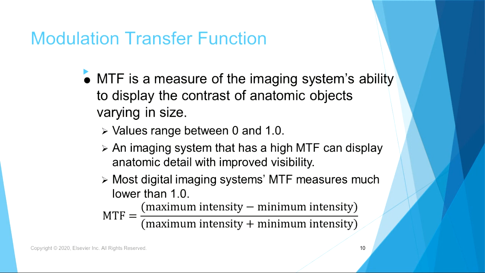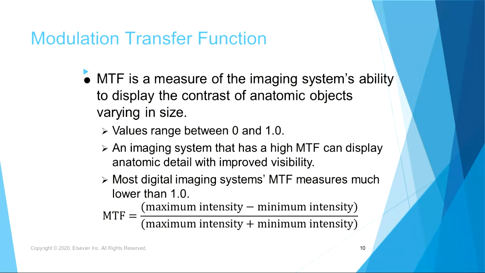So the radiation that exits the patient and strikes the IR will have different intensity, different energy, different quantity of those photons. And the anatomy is best visualized when the brightness levels of the object are different than the surrounding tissues, meaning that you have contrast. Usually you want high contrast.